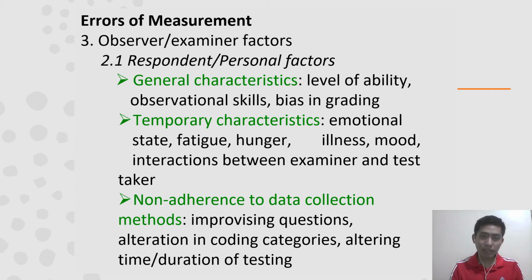So there will be an error of measurement if you will not stick to your research plan, because it will also affect the compliance of your respondents. Just say if you plan to do your interview on this specific date, stick to that specific date or inform them beforehand.